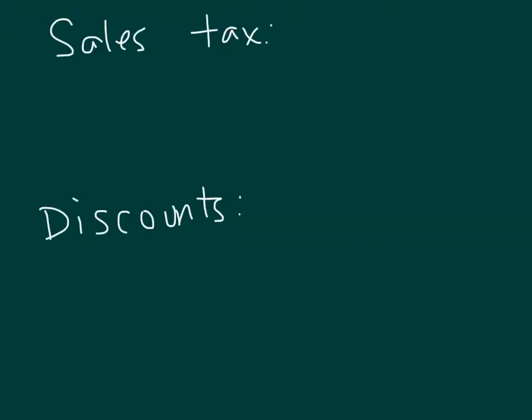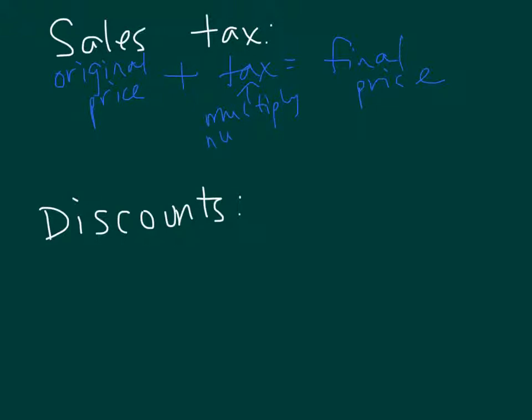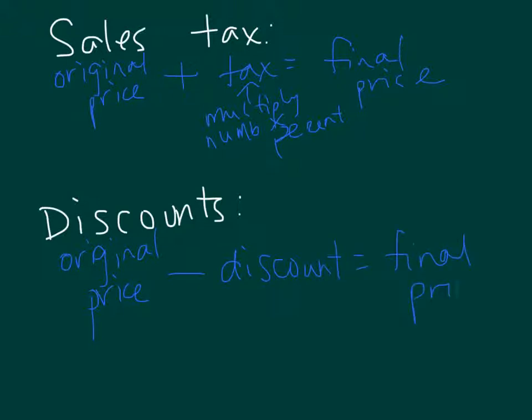For sales tax, we take the original price, add the tax, and that gives us the final price. The tax is where we multiply the number by the percent. For the discount, we take the original price and subtract the discount, and that gives us the final price.